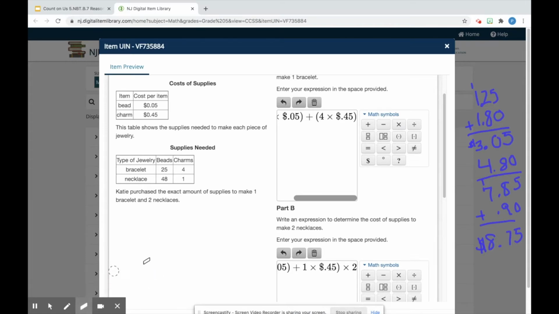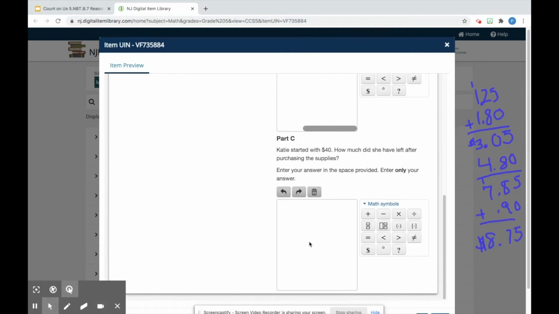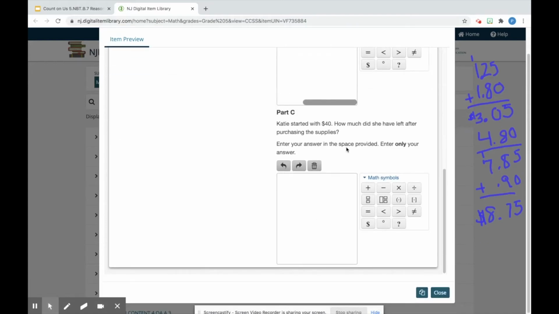However, it did say they wanted an exact amount. It says to enter the exact answer only, and she had $40. So my last step is $40 minus $8, because this is how much she spent, and 75 cents.